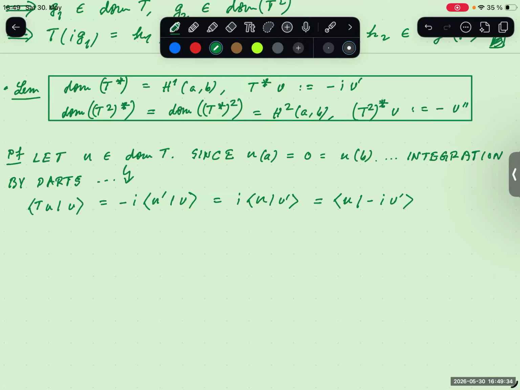Okay. Now, by the definition of T star that is written here, just above. Oh, sorry, here.